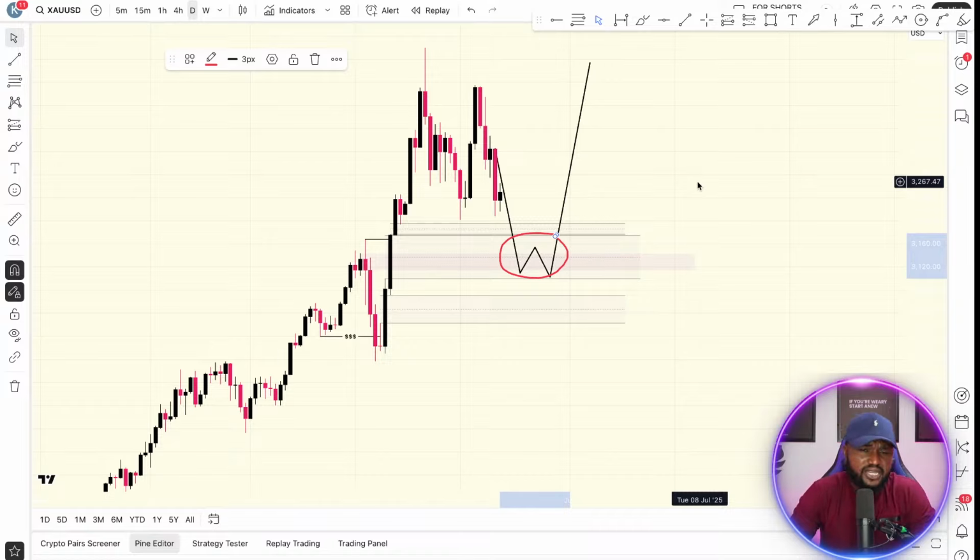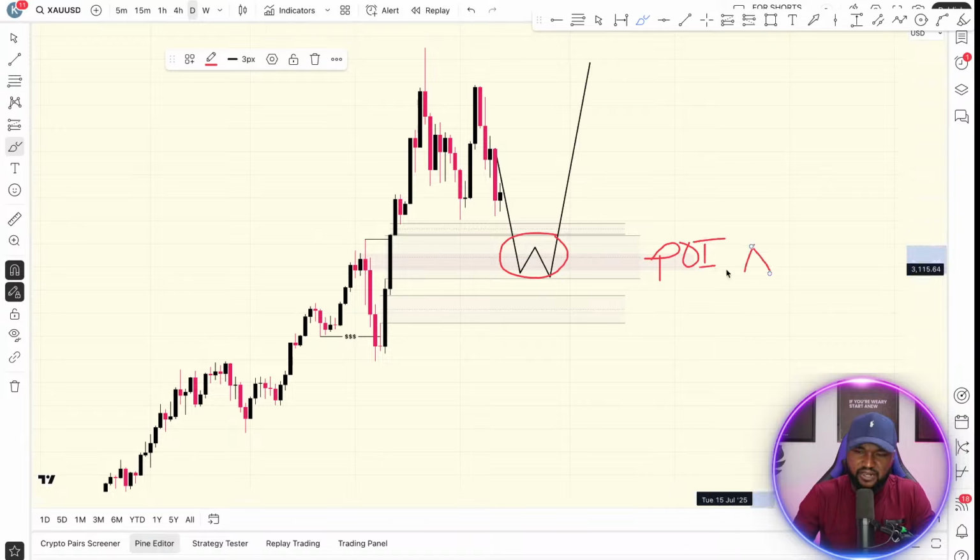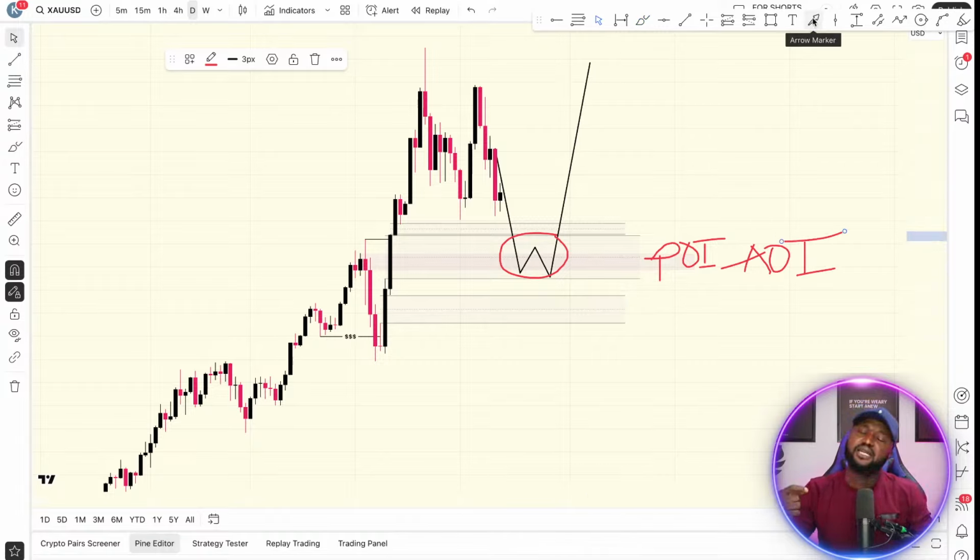So there is no exact place you will expect price to trade into, it is an area. If you listen to me carefully, you will hear me talk about area. That entire area becomes your point of interest. In fact, the word point of interest is supposed to be area of interest. AOI, area of interest. Do you understand?